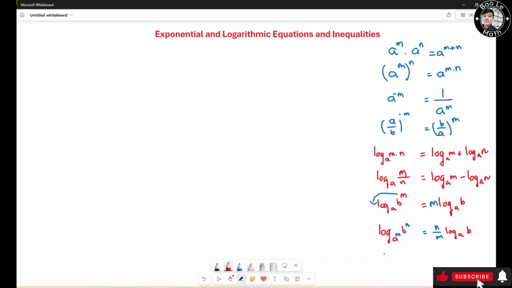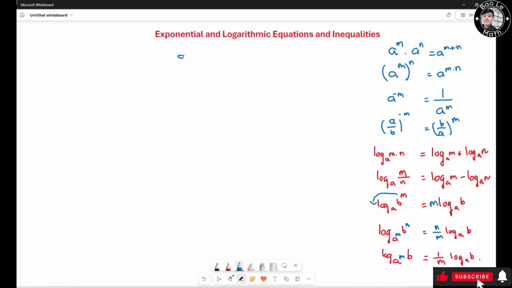Now if you have log base a raised to the power m of b, then this turns out to be 1 over m log base a of b.